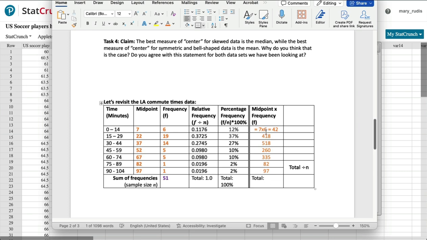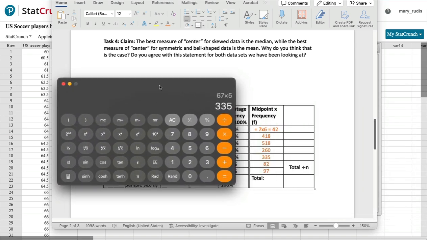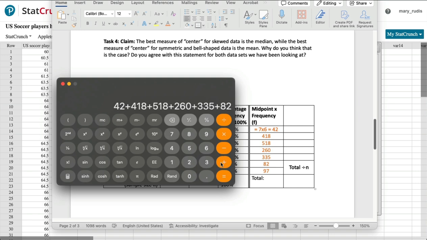So if we add up all those numbers now, let's add them all up. 42 plus 418 plus 518 plus 260 plus 335 plus 82 plus 97.